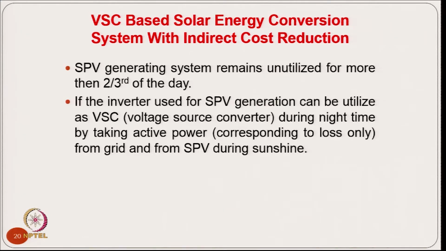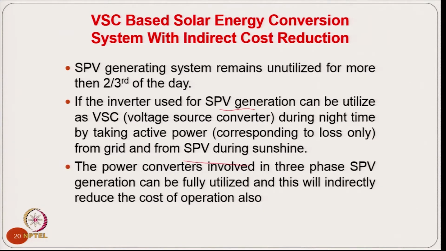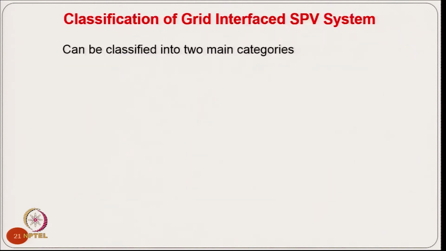The inverter used for solar photovoltaic power generation can be utilized as a voltage source converter during night time, taking active power corresponding to loss only from the grid, and as solar PV generation during sun time. The power converter involved in 3 phase solar PV generation can thus be fully utilized, and this will certainly indirectly reduce the cost of operation also.